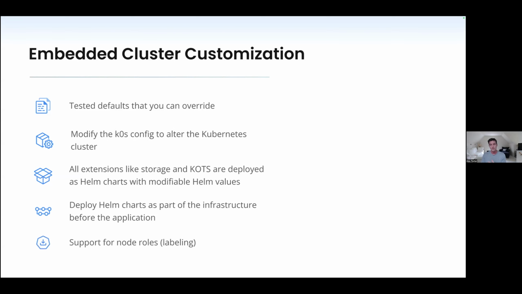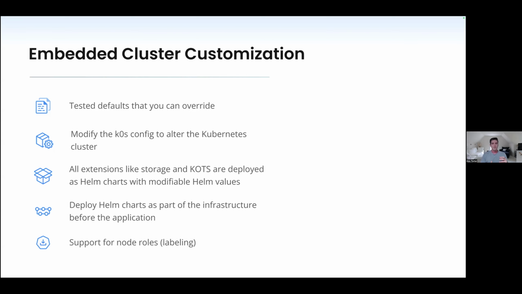And then lastly, if you're doing a multi-node cluster, there's support for node roles, which lets you label the nodes out of the box. So instead of having to have your customer take an existing cluster and label the nodes so that your workloads get distributed to the right places, all of that just comes baked in. So your customers can just deploy your application, the nodes will get the right labels, and the workloads will distribute themselves automatically.